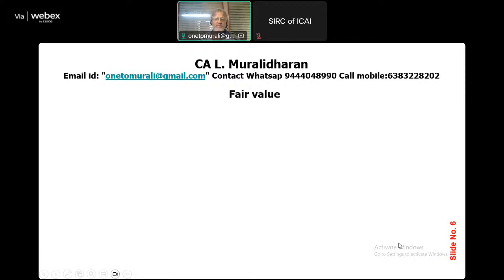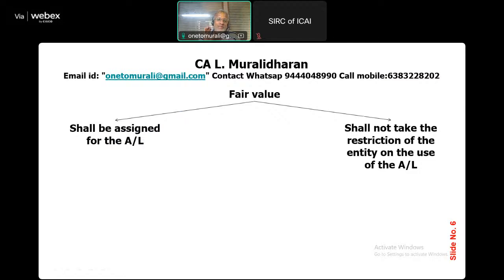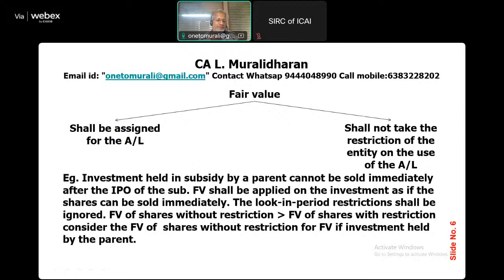So whether you will be taking up that sort of restriction in evaluating the shares, if you ask a question, what they say is that you shall not take the restriction of the entity on the use of the asset or liability. Please ignore that for the purpose of doing that.